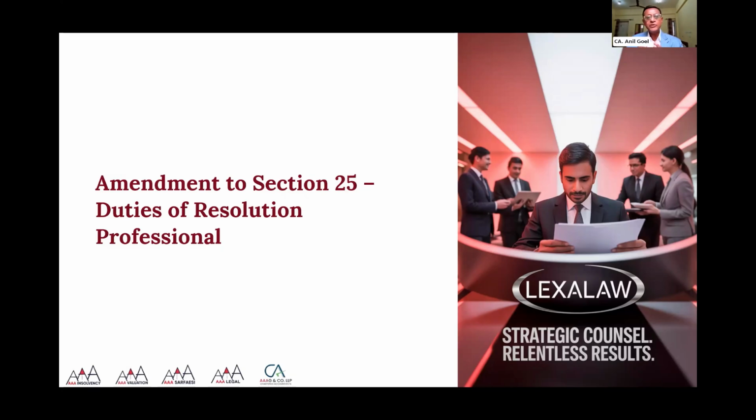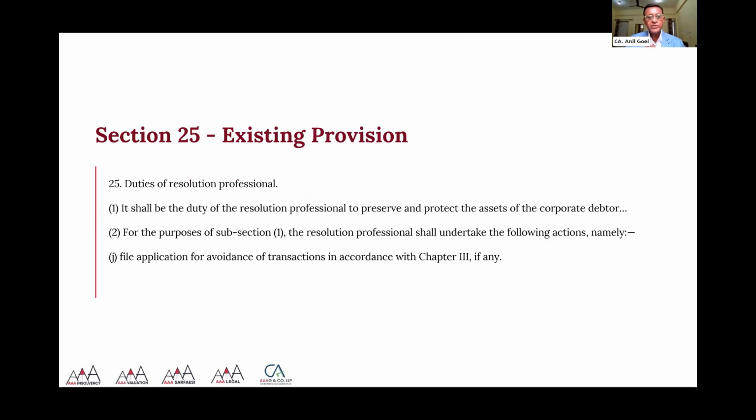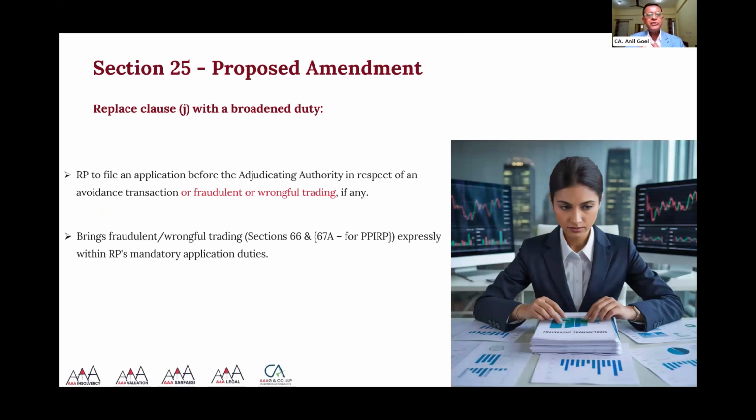Now, the duties of the resolution professional, which are given in Section 25, is where some amendments have taken place. The duties are in fact to protect the assets. And let us understand the change. There is only one change here: the RP is to file an application before the adjudicating authority in respect of an avoidance transaction or fraudulent or wrongful trading, if any.